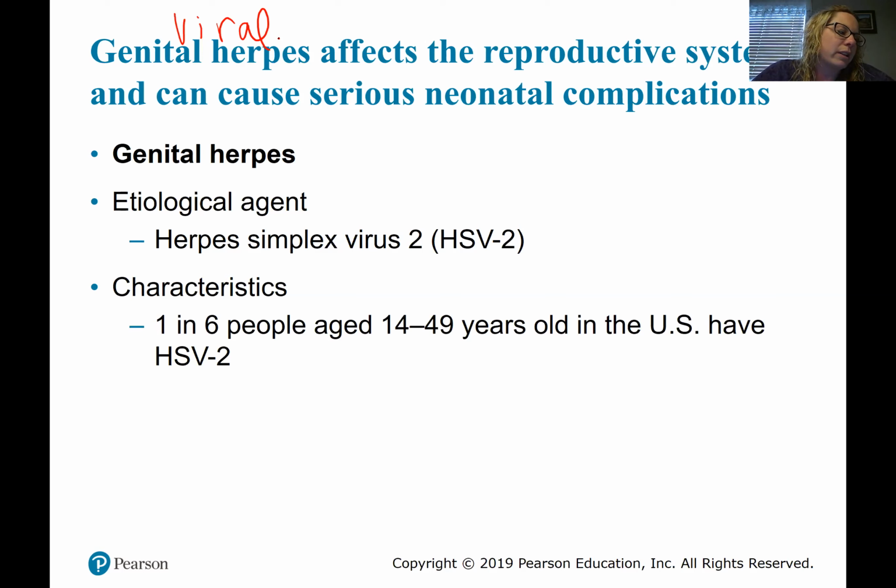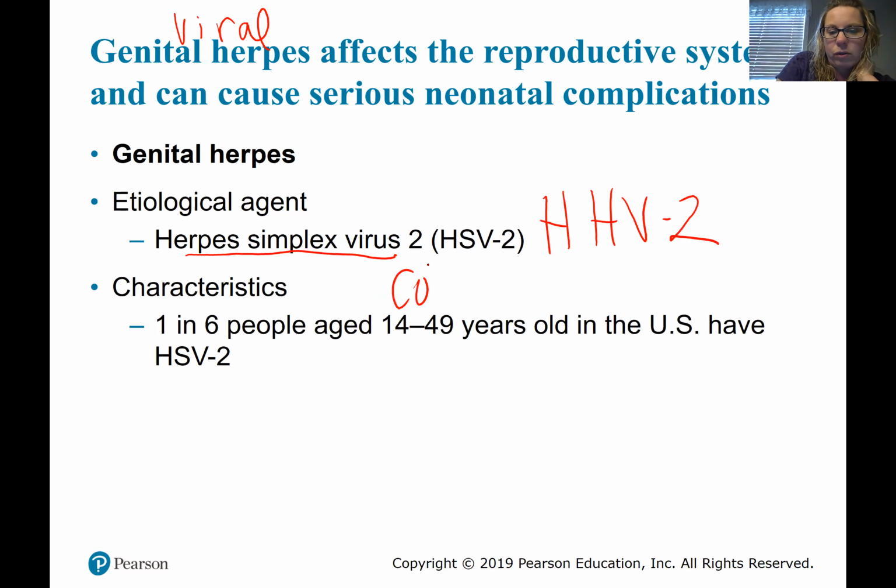But the first one is genital herpes, and it's going to be caused by the herpes simplex virus 2, sometimes called the human herpes virus, HHV2. The cold sores or oral herpes is HSV1, type 1.